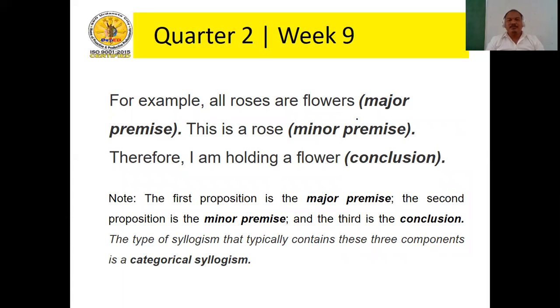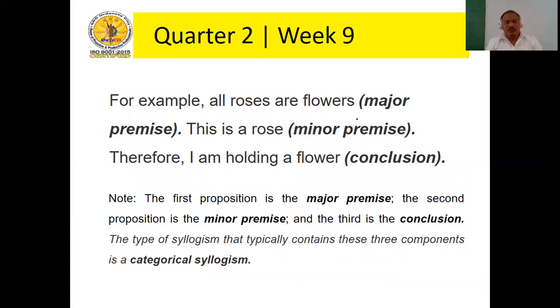Note that the first proposition is the major premise, the second is the minor, and the third is a conclusion. The type of syllogism that typically contains these three components is what we call categorical syllogism. So we have major, minor, and conclusion.